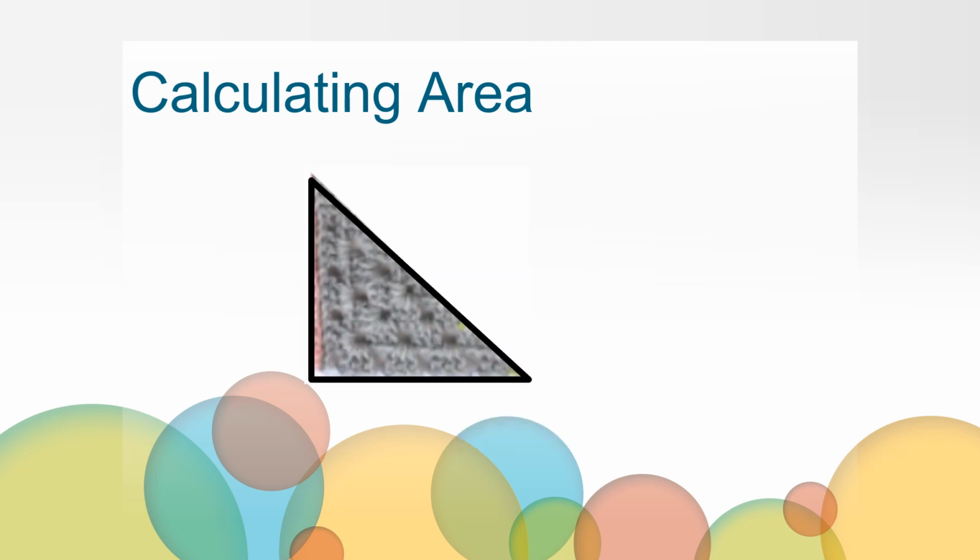I can see that the base is the bottom of the triangle. It is perpendicular to the height of the triangle. The base is 5 centimeters. The height of the triangle is 4 centimeters. I can see this line is the distance from the base to the highest point on the triangle.